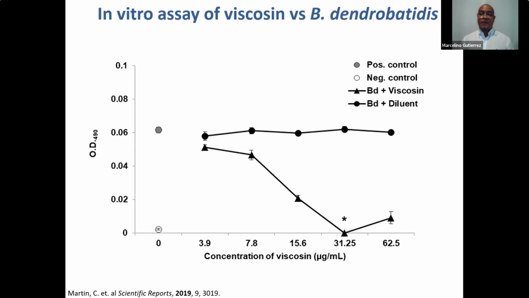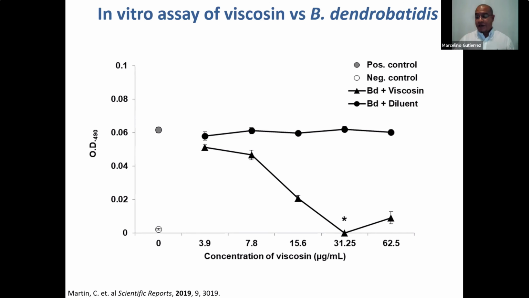Also, we tested viscosin against the chytrid fungi that produce the amphibian disease, and we found that viscosin was also inhibiting the growth of the chytrid fungi. So this confirmed that the frogs maintain bacteria that are protecting them against the attack of these chytrid fungi.